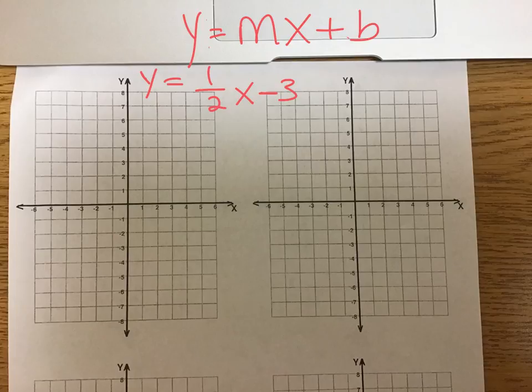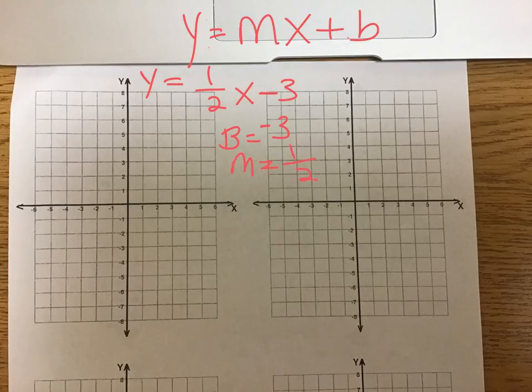Okay, so our next problem is y equals 1/2 x minus 3. So our b, which is our y-intercept, is -3. Make sure you carry down that -3, okay? And our m is equal to 1/2.